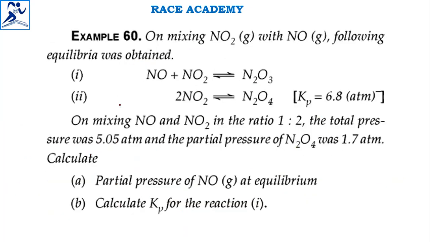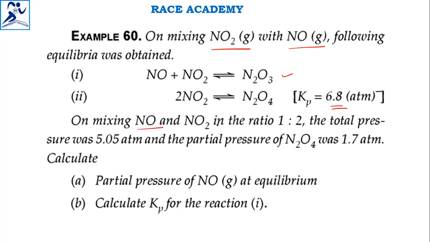Next question. On mixing NO2 gas and NO gas, the following equilibria were obtained: NO plus NO2 gives N2O3, and 2NO2 gives N2O4. Kp value is 6.8 for the second one. The Kp for the first one, N2O3, is not given.